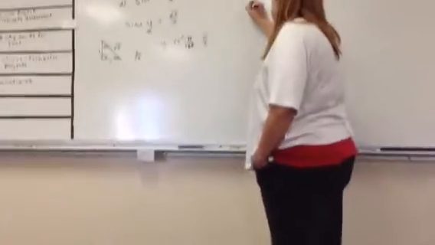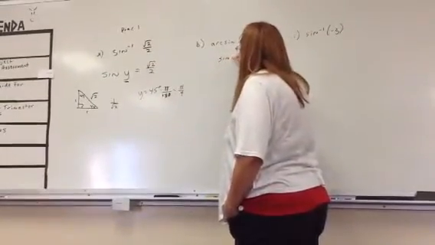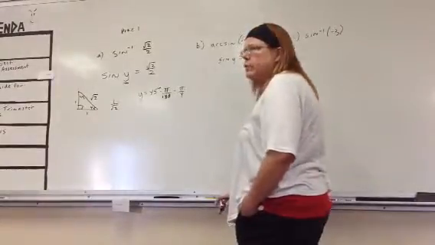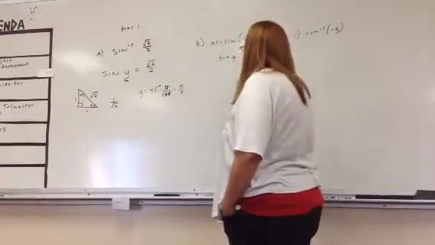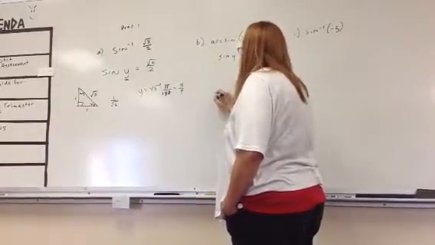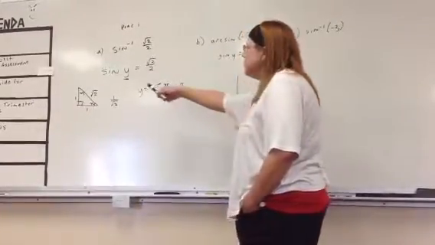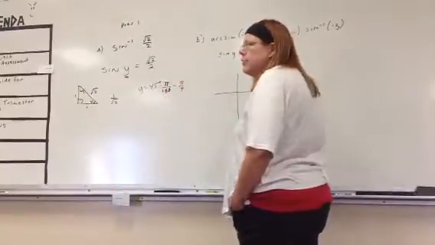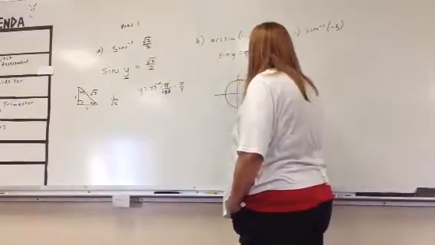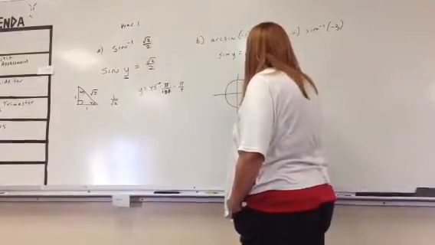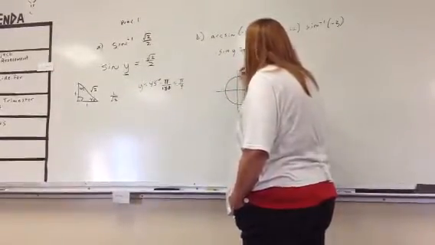This is the same way. The sine of what equals negative 1? Now this one's a little different because it's not going to come from your 30, 60, 90 or 45, 45. This one comes from your unit circle sitting here. So this is 1, 0.